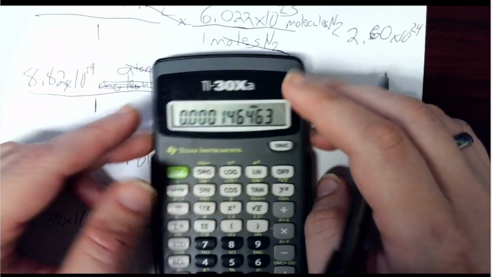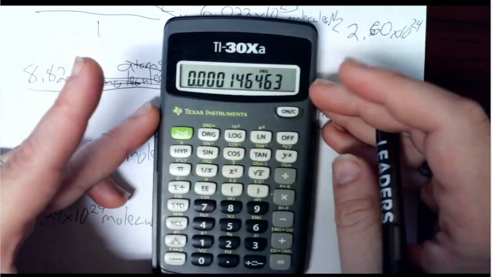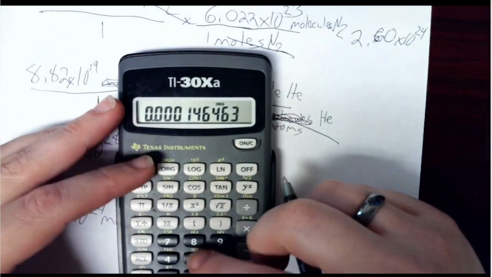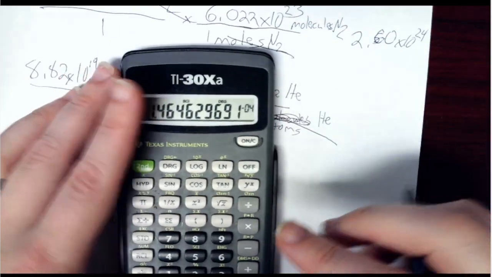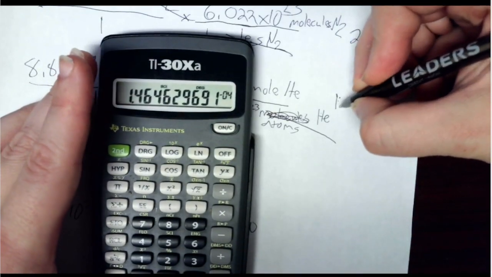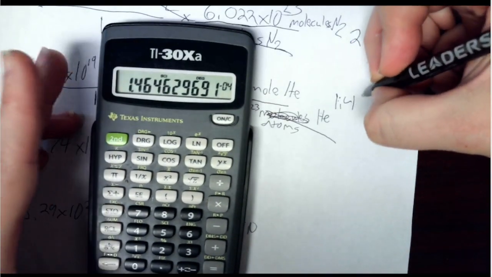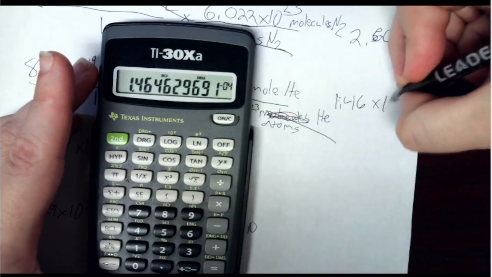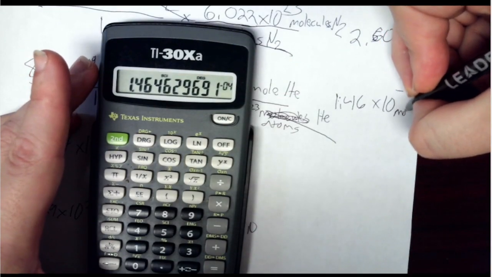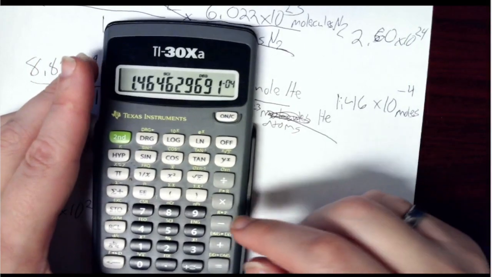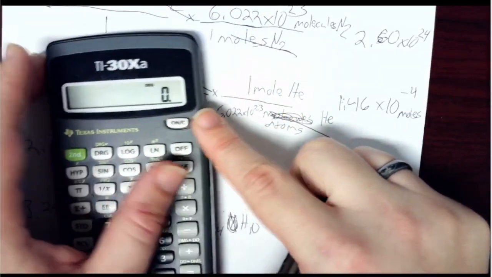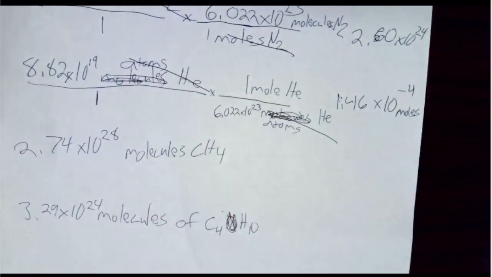Well, I'm not sure I can very easily, so we'll just leave it as it is. Oh yeah, second scientific. I hit the second and the side button, and that gives me 1.46 times 10 to the negative fourth moles, which is very small, but that's fine. That is acceptable.